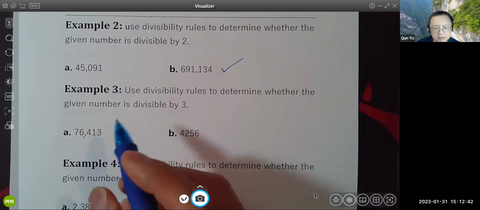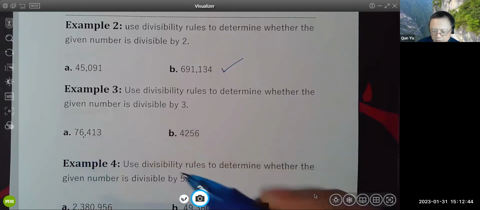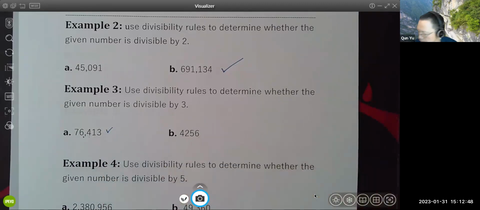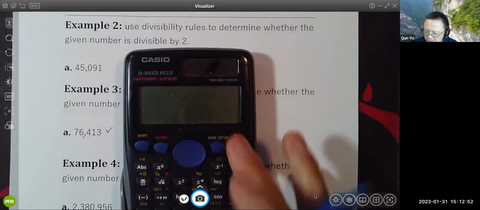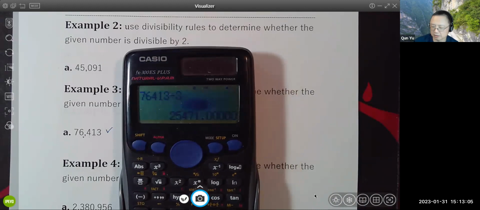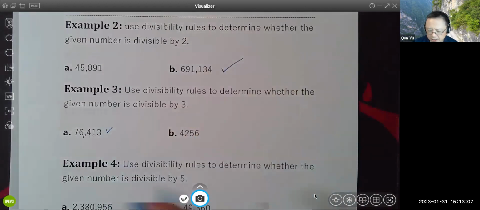So 21 can be divided by 3, and this number should be divisible by 3. Let's just double check using a calculator quickly. 76413 divided by 3. So we get a whole number. That means it's divisible by 3. So this is the correct answer.